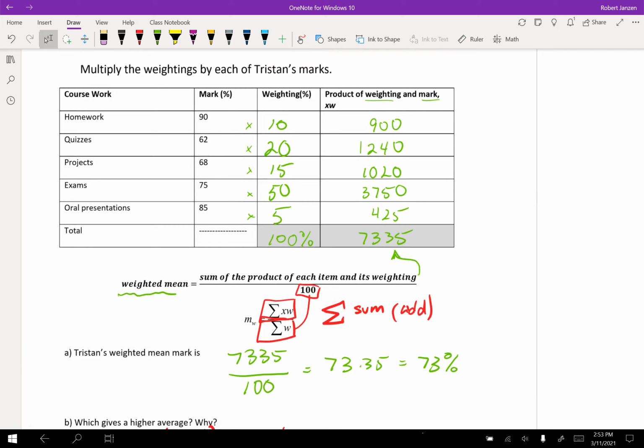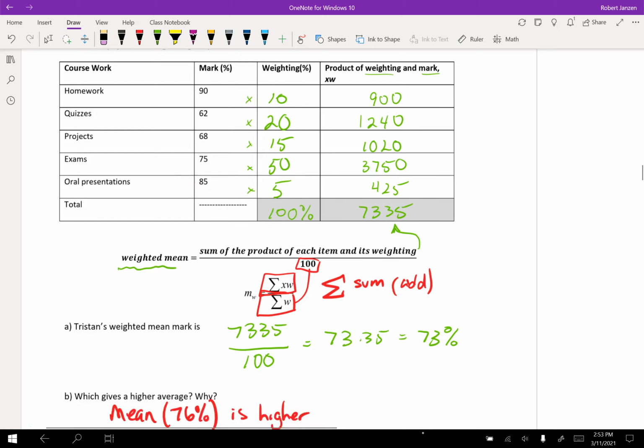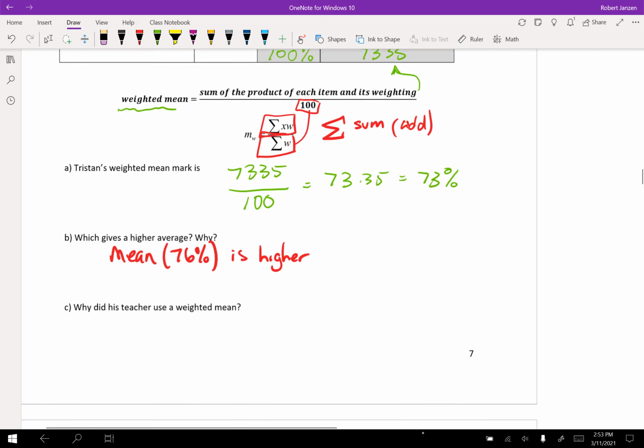Well, if we count all of these numbers as being equal, you can see that his best marks were for homework and for oral presentations, but those are actually worth the least in the final mark. So that's important to understand, that weighting says some things are more important, and so then the average changes slightly. So we can say that it is higher in the mean.